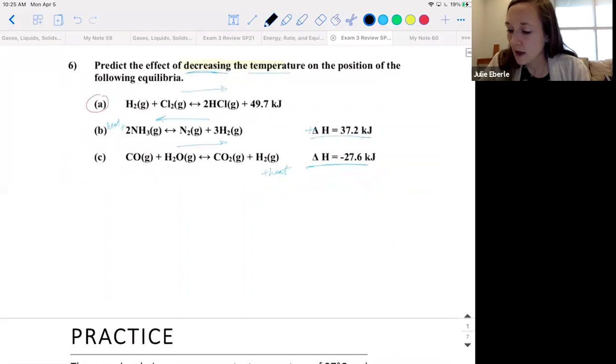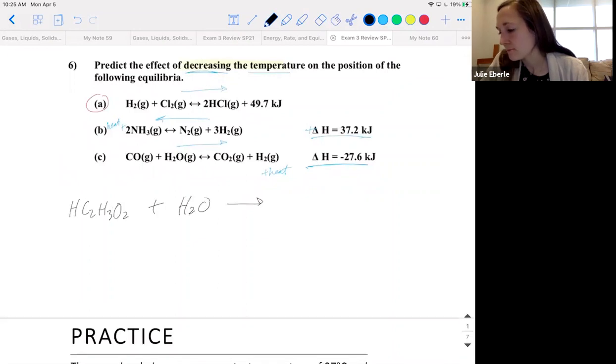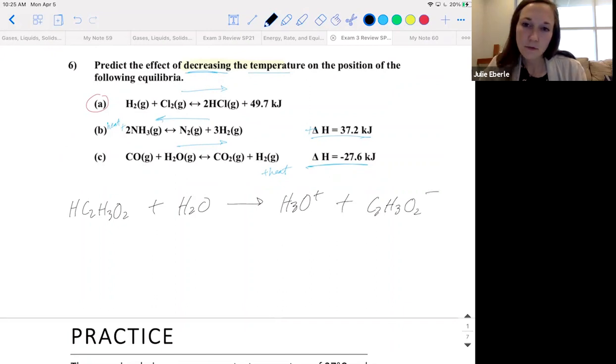So let's say, I think the equation was this. You had acetic acid makes H3O plus and C2H3O2 minus. This was the equation from lab, the one that was the yellow and the orange and red.